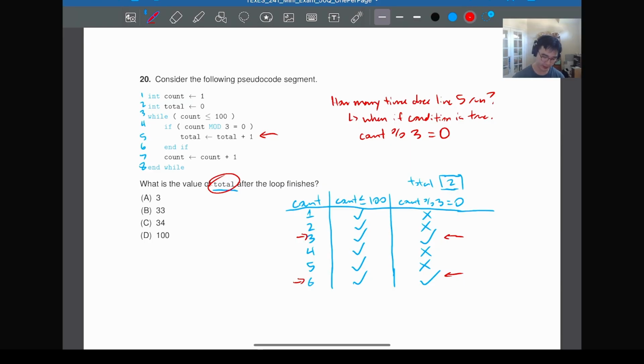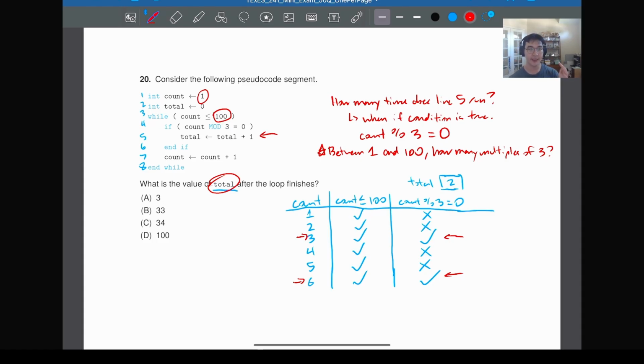So the question you need to ask is, between 1, which is my starting value of count, and 100, which is my ending value of count, how many multiples of 3 are there?